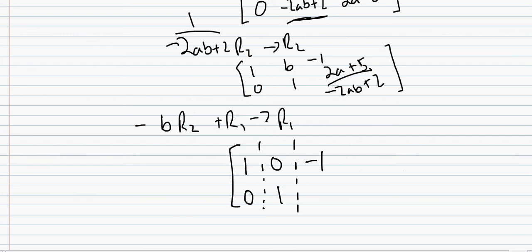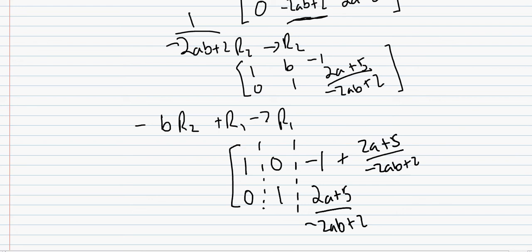We still didn't change this, so it's going to be 2A plus 5 over negative 2AB plus 2. And this is going to be negative 1 times all this stuff, plus 2A plus 5 over negative 2AB plus 2, all times negative B.